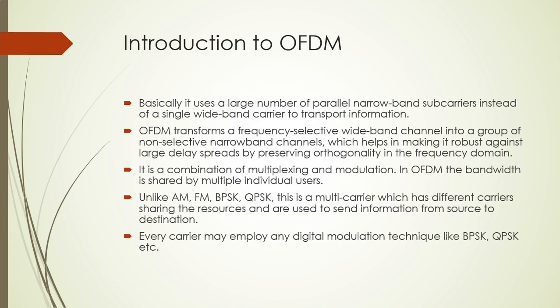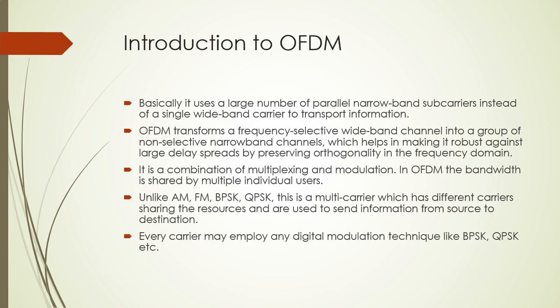In OFDM, the bandwidth is shared by a lot of individual users. Like AM, FM, BPSK, QPSK, they're all single carriers, but OFDM is a multi-carrier scheme which has different carriers sharing the resources and are used to send information from source to destination.